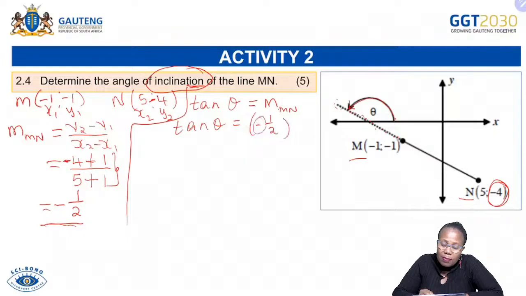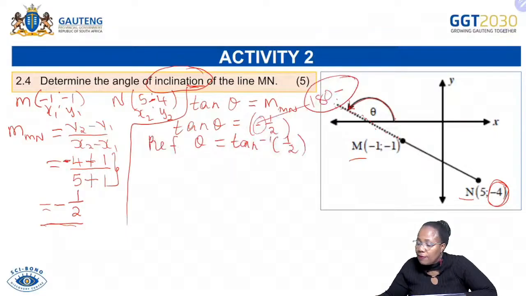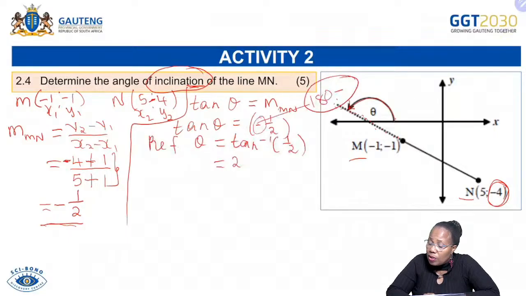This negative, remember, is telling you that it is 180 minus, correct? Then now this will be the reference angle of theta, which is arctan of half. Look at that half, it is positive half, and this is giving us 26,57 degrees there.